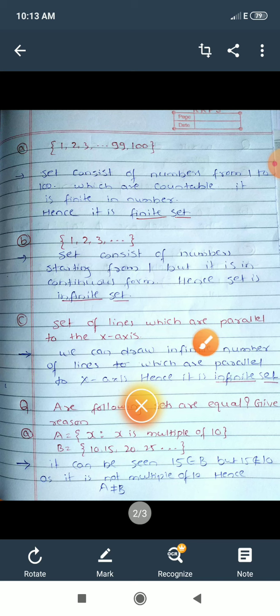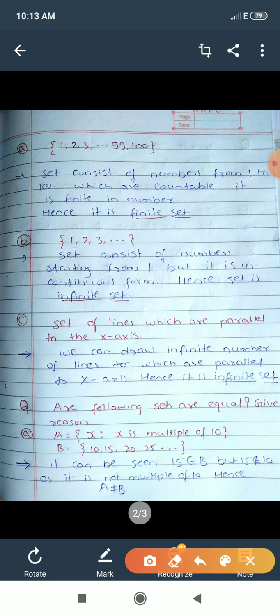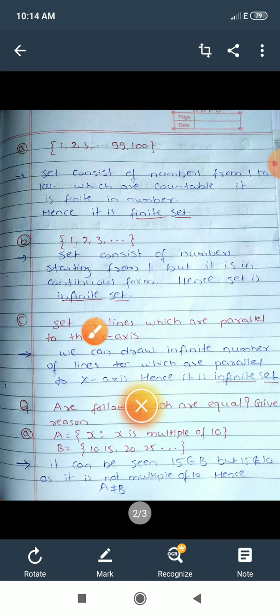Next question is, a set of lines which are parallel to the x-axis, right? So the set of lines which are parallel to the x-axis. Now dear students, how many lines which are parallel to the x-axis can we draw? 1, 2, 3, 4.